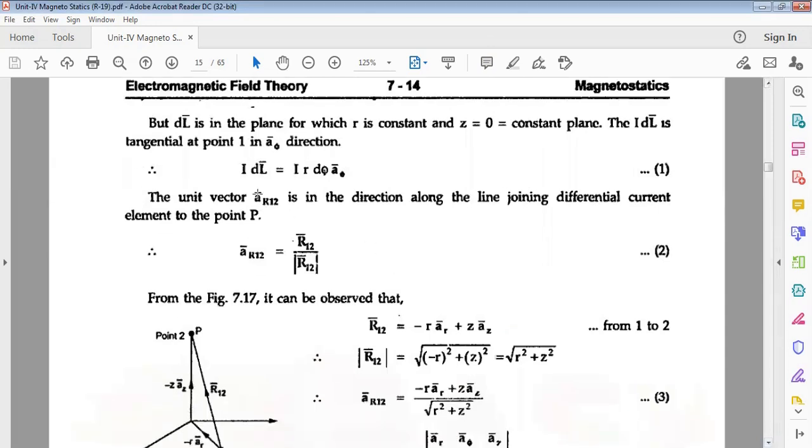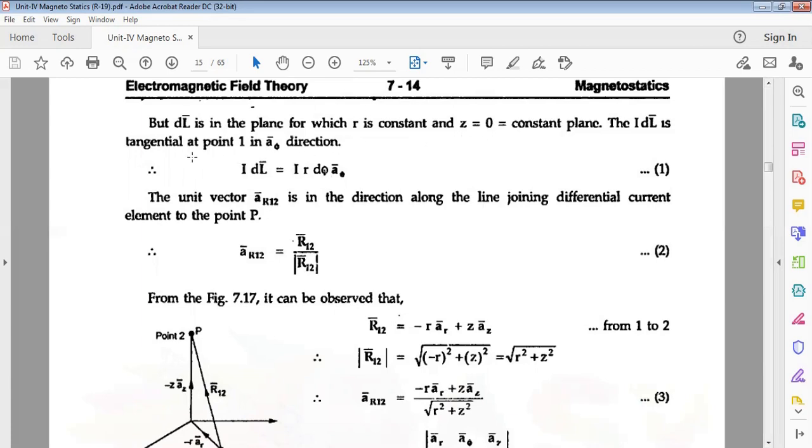Now, I dl bar: the dl bar is in the plane for which r is a constant and z is equal to 0. It is a constant plane. The I dl bar is tangential at point 1 in the a_phi direction. So I dl bar is equal to I r d phi a_phi bar, because it is a circular loop.